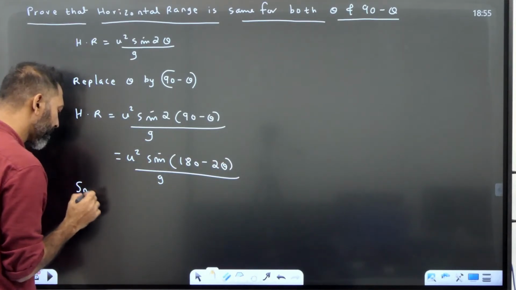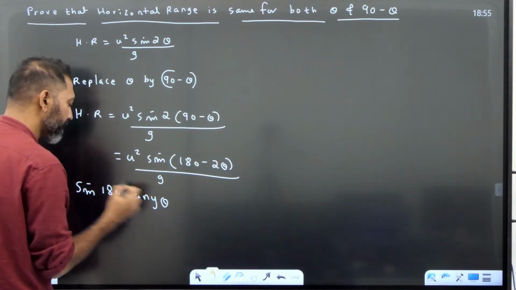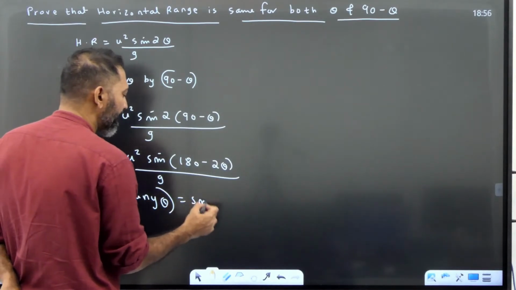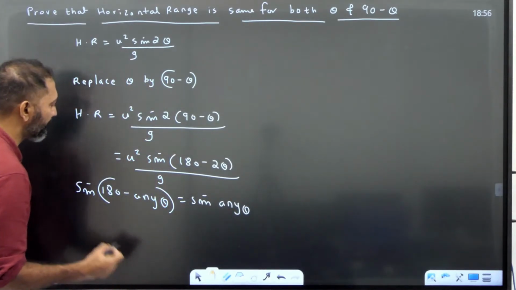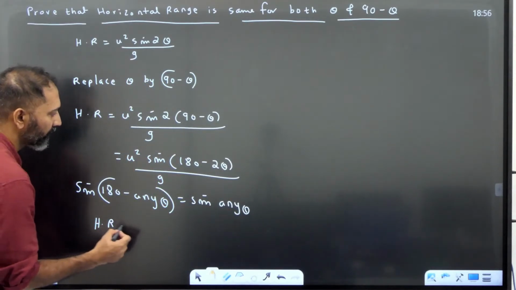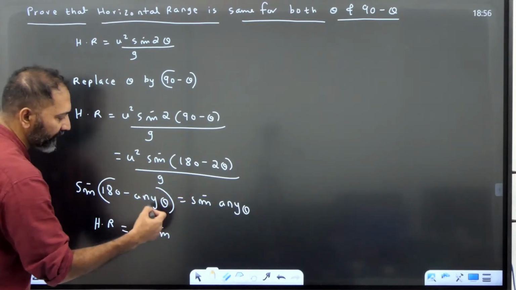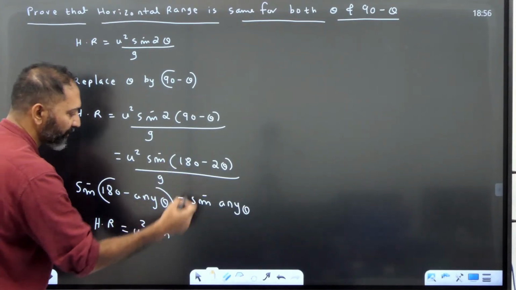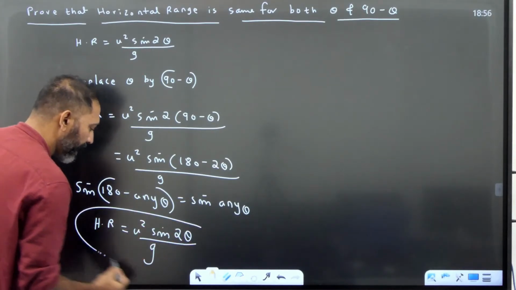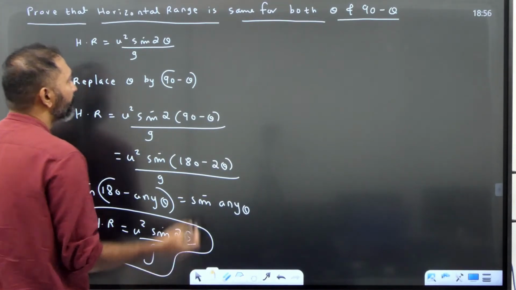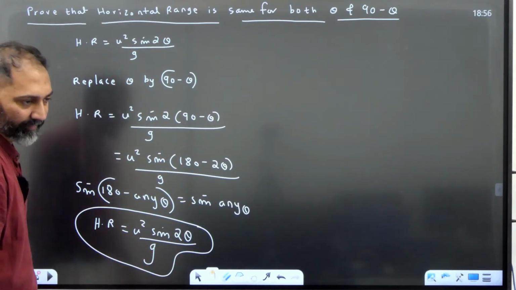Remember, sine 180 minus any theta is equal to sine any theta. So horizontal range is what? U square sine 180 minus 2 theta is sine 2 theta by g. That means what? Even after replacing theta by 90 minus theta, still you got the same equation.